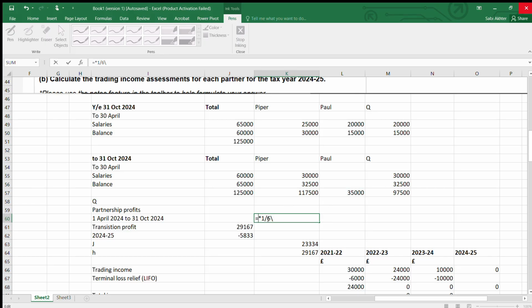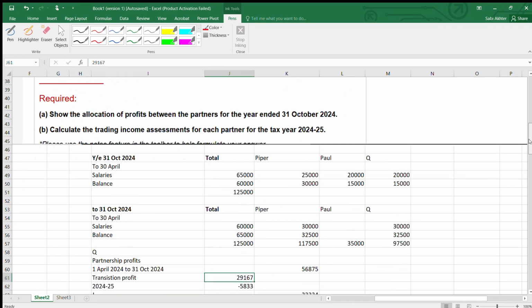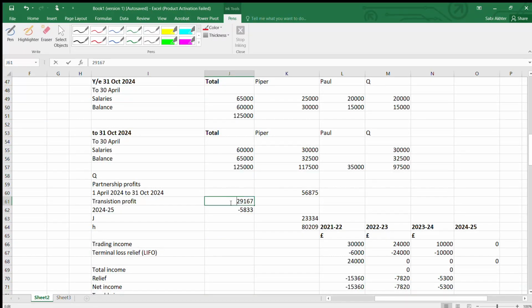So it is this, and then 7 months. Now the transition profit for Q is 4625. So automatically they have taken 20% of this and deducted, and this is the transition profit that will be taxed on when they are ceasing on Quincy.